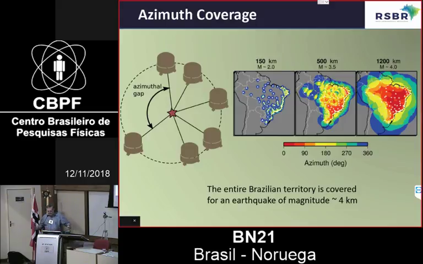But if you are considering larger magnitude events, the smaller the azimuthal gap, the more coverage you have. So for instance, with the network we have now, Brazil is prepared to see all events that have magnitude of about 4, magnitude 4, not 4 kilometers, sorry.